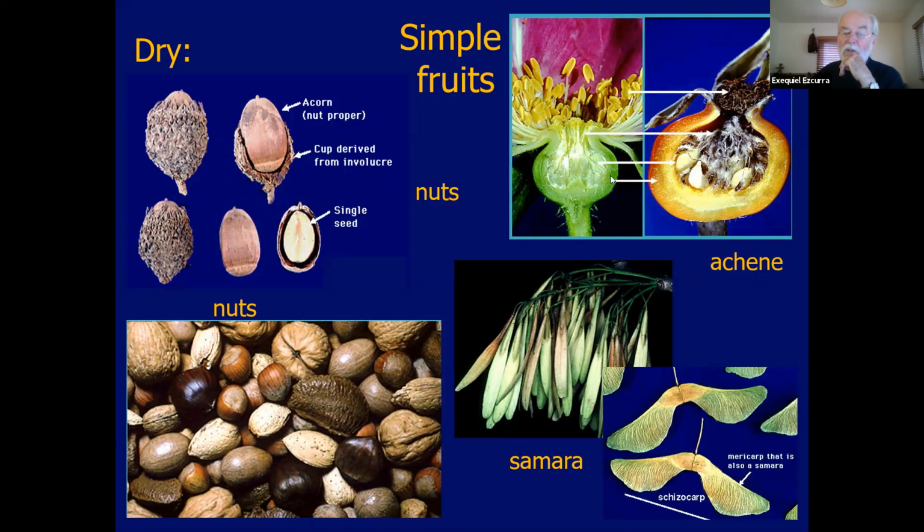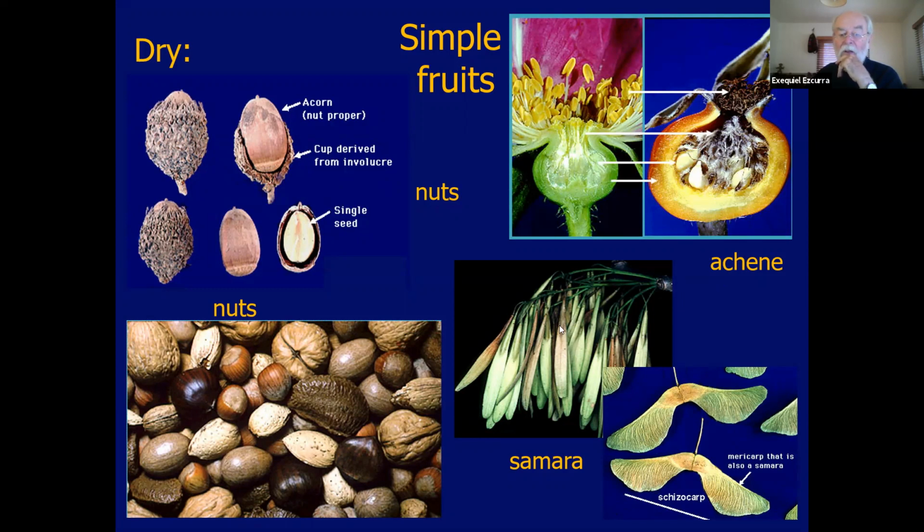We're going to see the structure of a fruit that is called hypanthium, and the fruit itself is called a hip, and the seeds are inserted inside in the form of a nut. And of course, here you have the samaras, which occur in a number of different families.